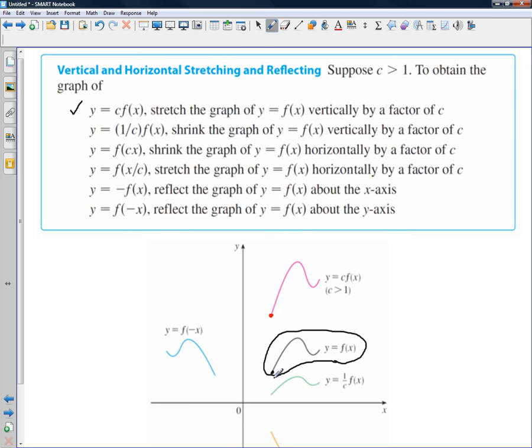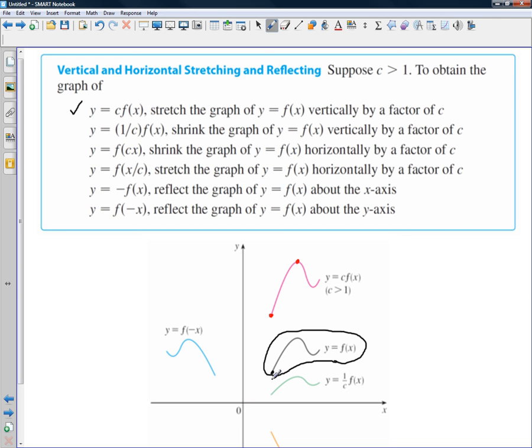So if this was at the point 1, 1, this is at the point 1, 3. Looking at another point here, if this is at 2, then if this one's 3 times more, this is at 6. So it's pulled or stretched.